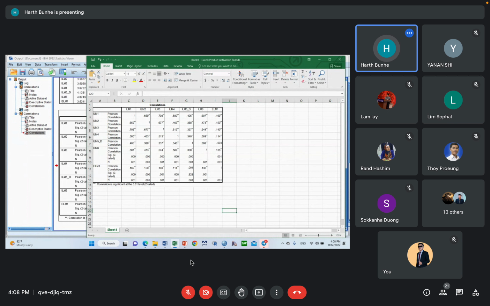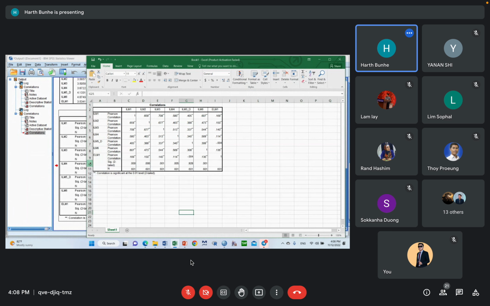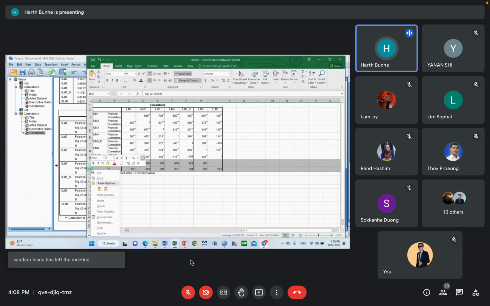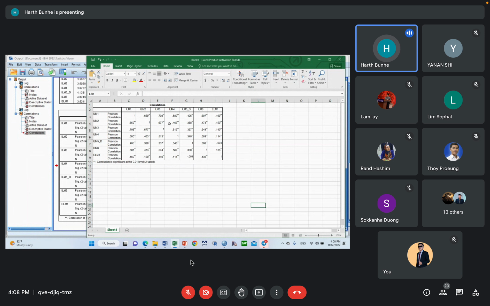Okay, any more questions connected to correlations? Here's the number that you can obtain, and you will see what is the lowest and what is the highest. You can use the numbers below the diagonal or the upper diagonal, also fine. The same value.